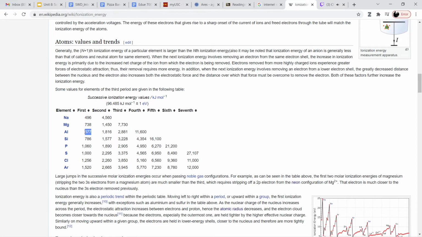We have a couple of interesting anomalies that we'll talk about as we go across here, and why we have some small little dips here.